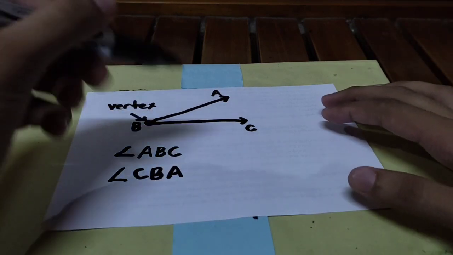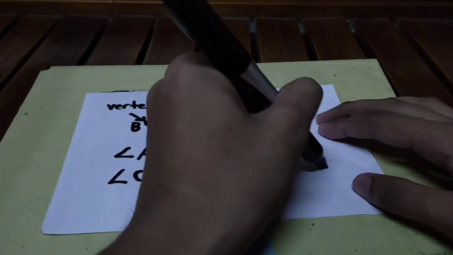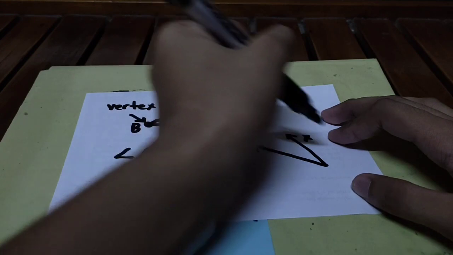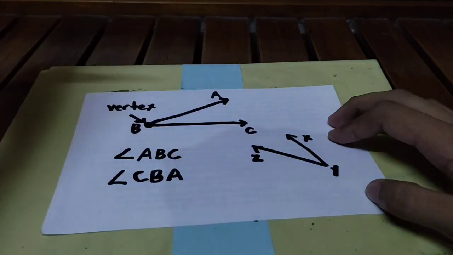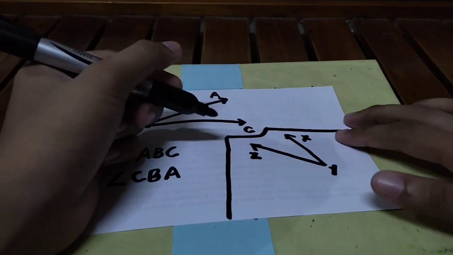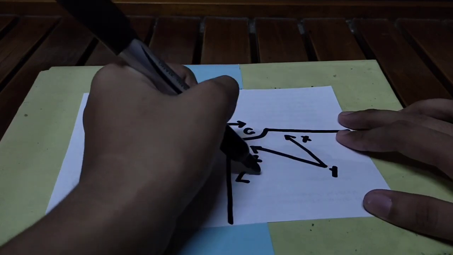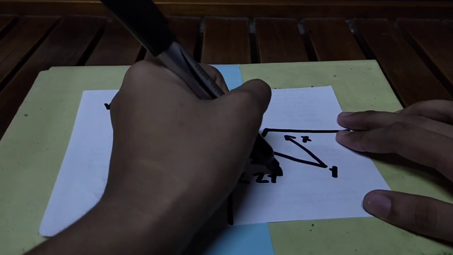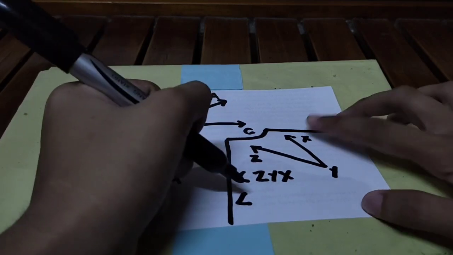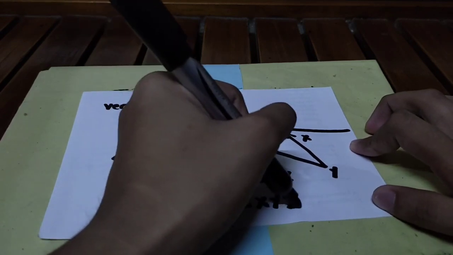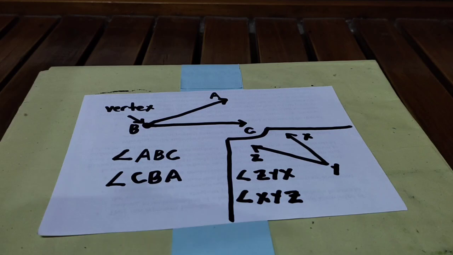Another example, if we have this kind of angle with X, Y, and Z, we can write it as angle ZYX or angle XYZ. And this is an angle.